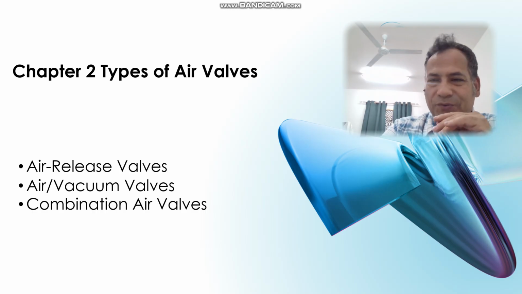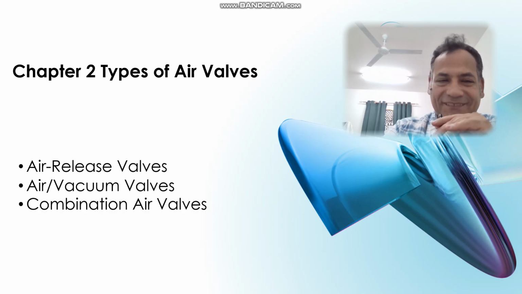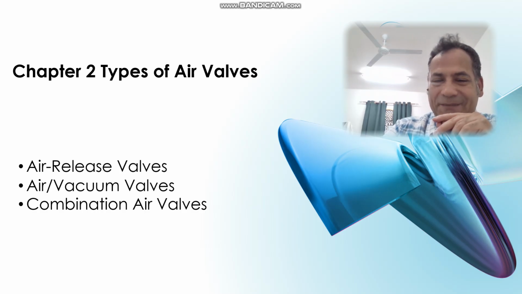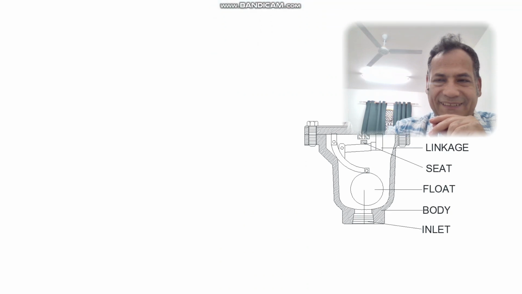We want to discuss air release valves, air vacuum valves, and combination air valves. Three types of air valves we will discuss, and I will explain all of them more in the next image.